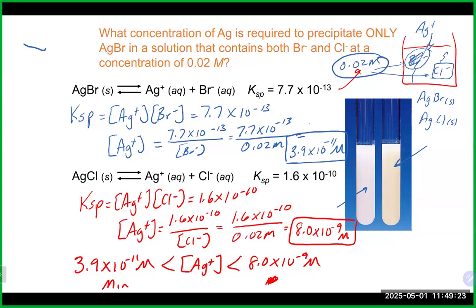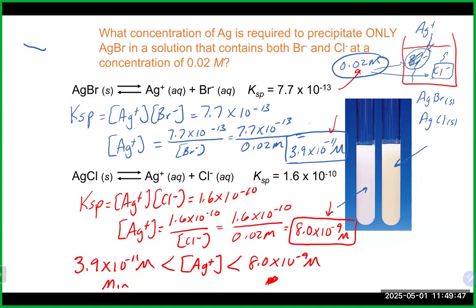Again, this concentration is larger than this concentration. Now you could keep increasing the silver concentration, and as long as you keep it under 8 times 10 to the minus 9, you will continue to see precipitate come out, and you can feel very confident it is the bromide precipitating out.